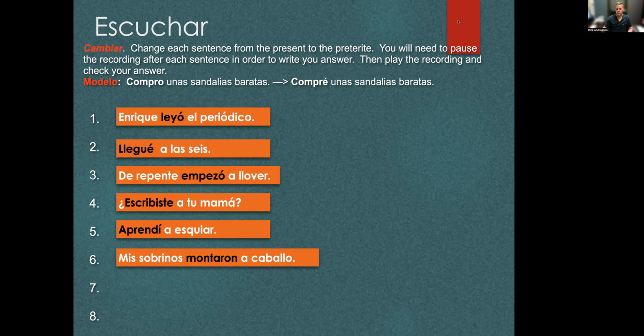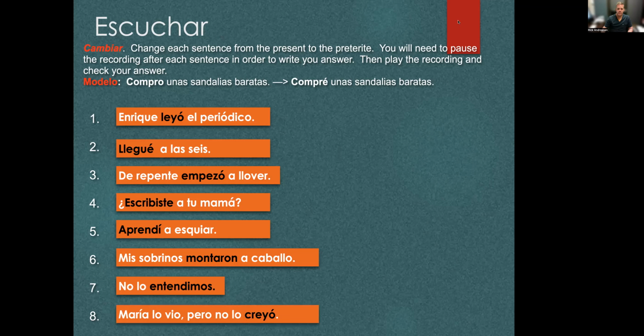No lo entendemos. No lo entendimos. 8. María lo ve, pero no lo cree. María lo vio, pero no lo creyó. She saw it, but she didn't believe it.